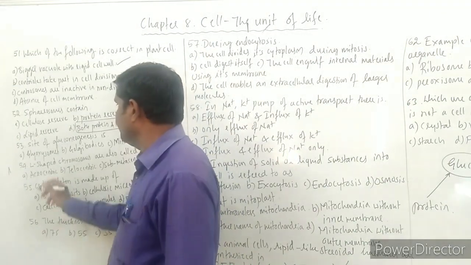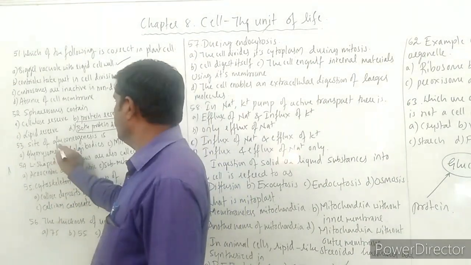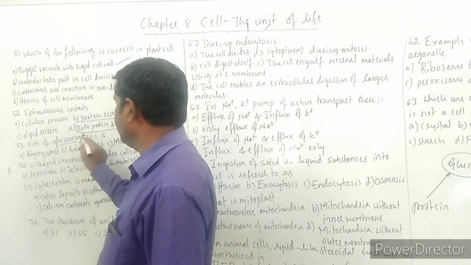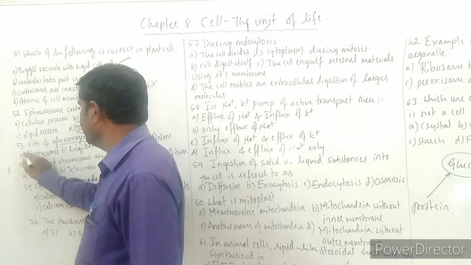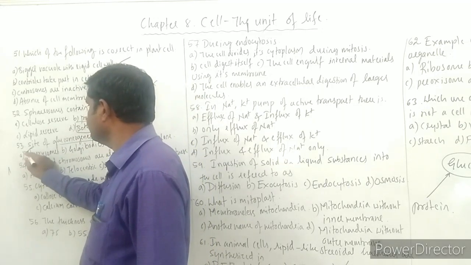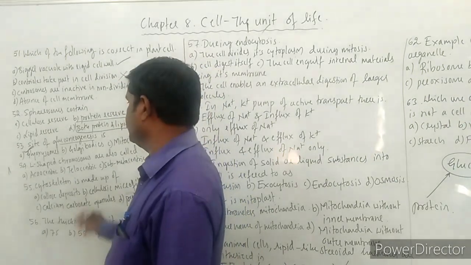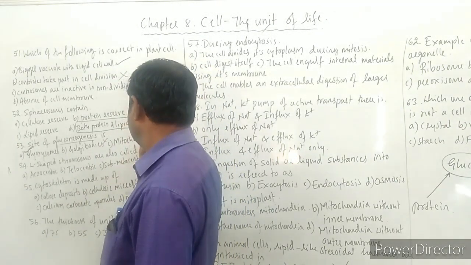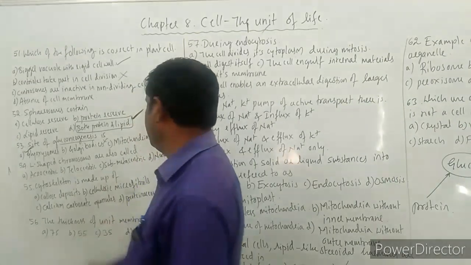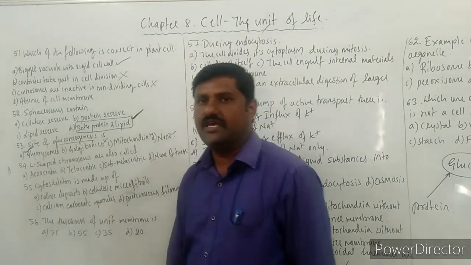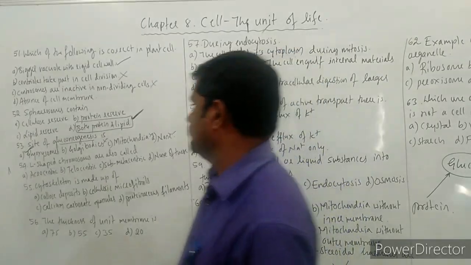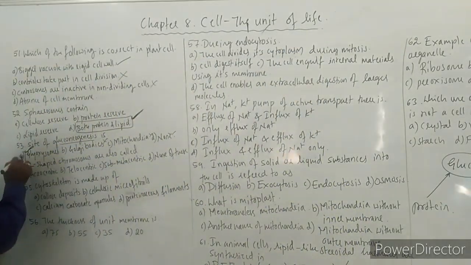In which microbody does it take place? Gluconeogenesis takes place especially in lysosomes, right? It doesn't take place in Golgi bodies, mitochondria, or any of these. So the correct answer for this one is lysosomes.